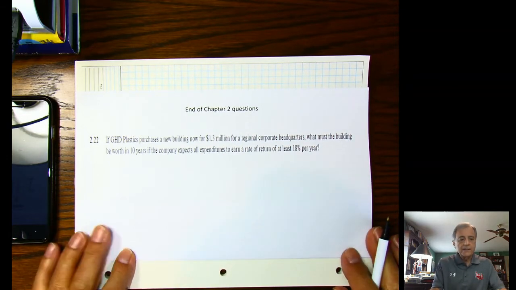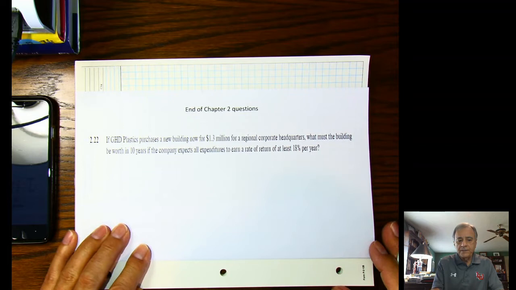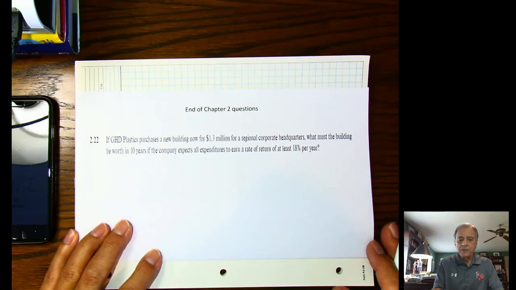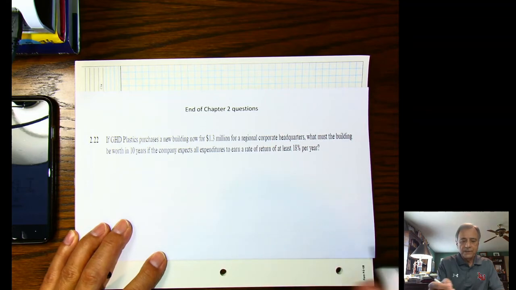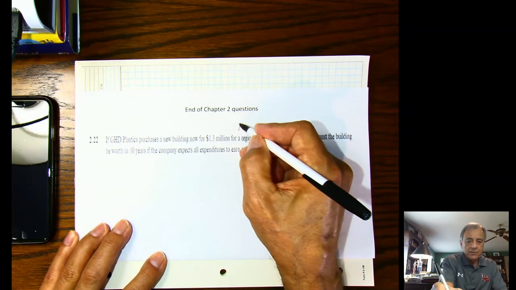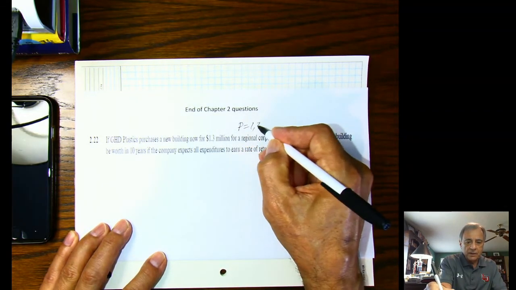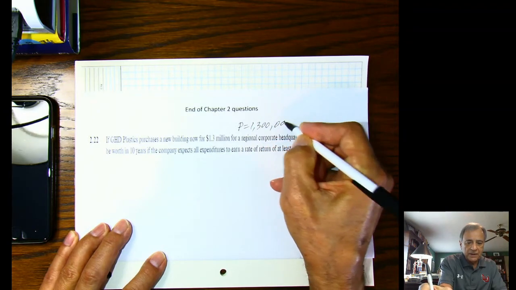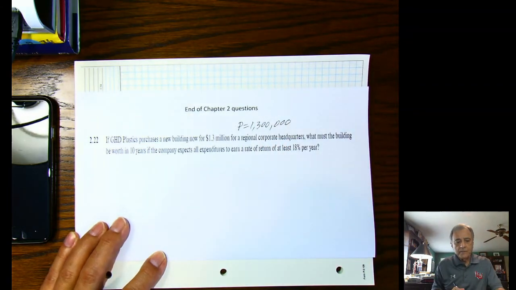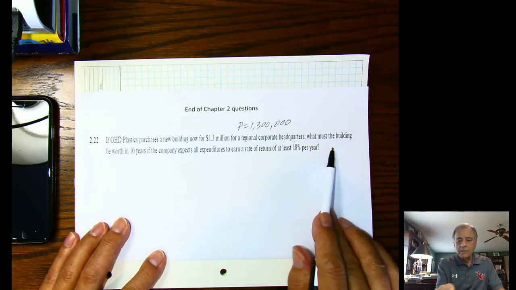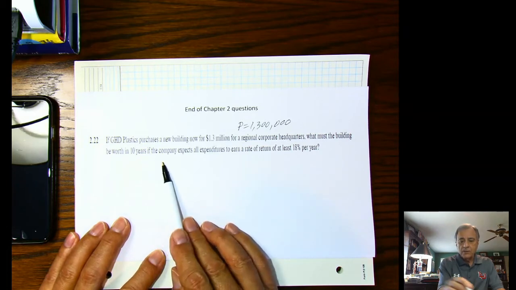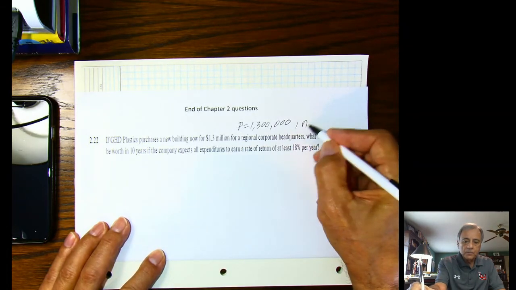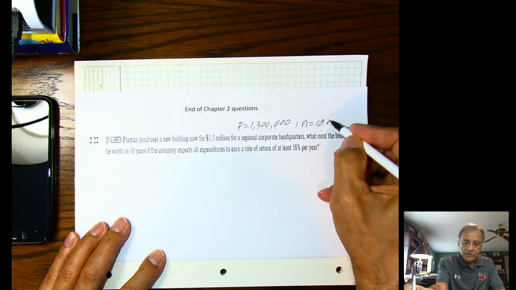And it says, if GHD Plastics purchases a new building now for, so you know that's going to be a present value, P equals $1.3 million, what must the building be worth 10 years from now? So N equals 10 years.